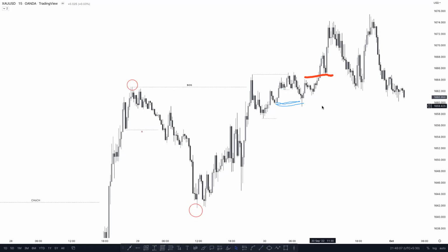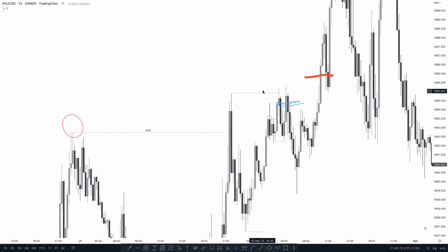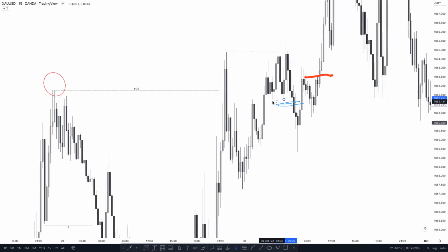But what happened here? Market did not even break this minor inducement. If you can see here, let me zoom this one. Okay, market did not take out the inducement, but market broke this high, which is here. So our inducement changes here at this point.